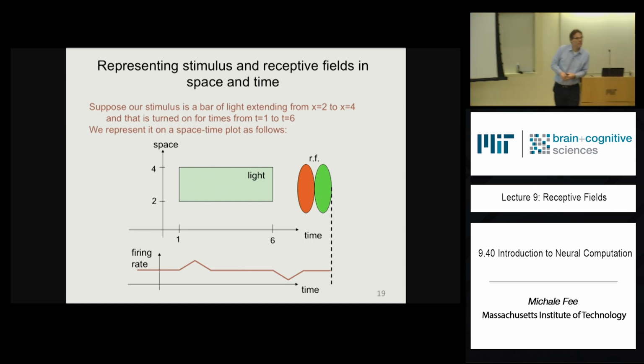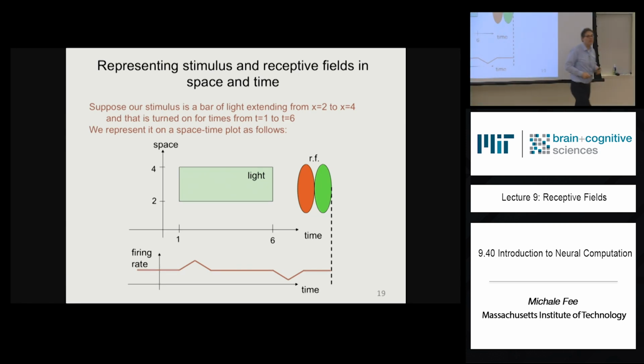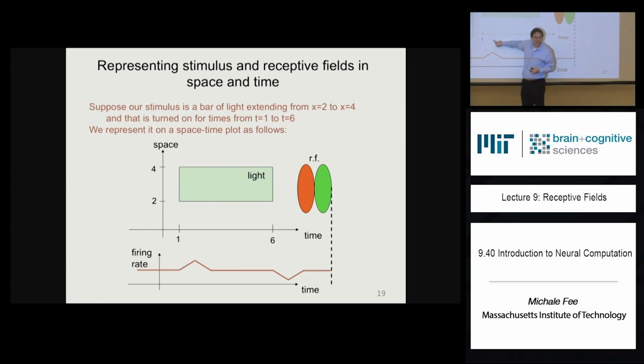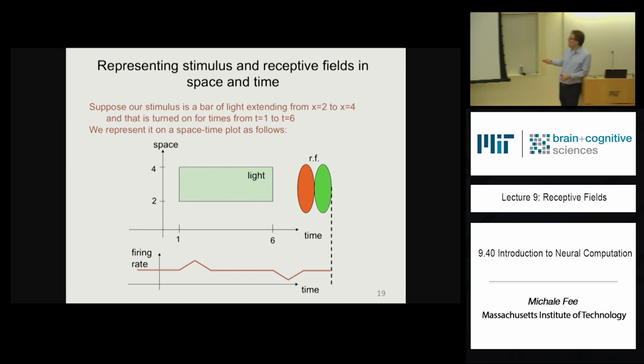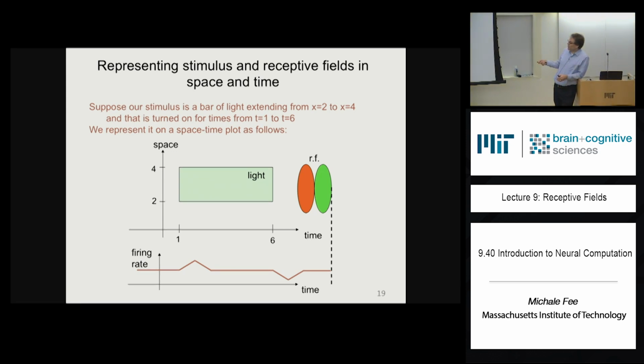Does that make sense? Why does it look like that triangle and not the one? Why doesn't this go up to here? So what's the answer to that? How would I make that steeper? How would I make that go up to here?